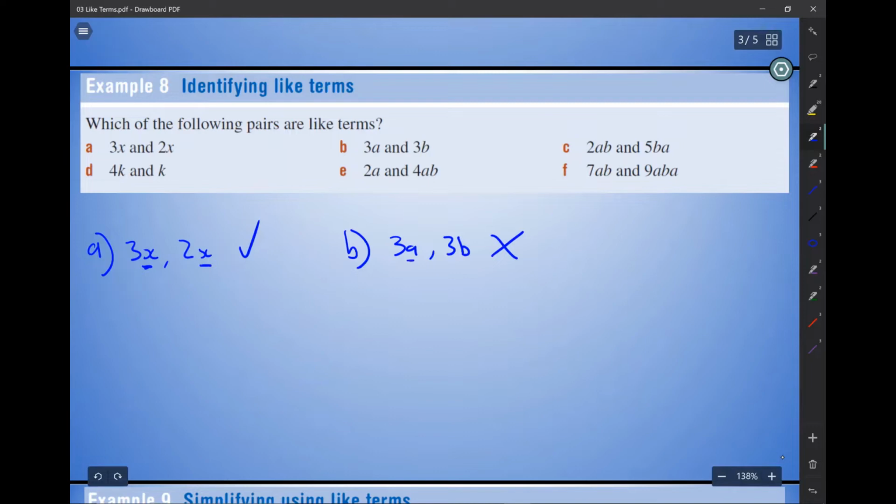No. A and b are clearly different letters. 2ab and 5ba, are they like terms? Yes, because both terms have one a and one b, 1a and 1b. Remember, the order doesn't matter.